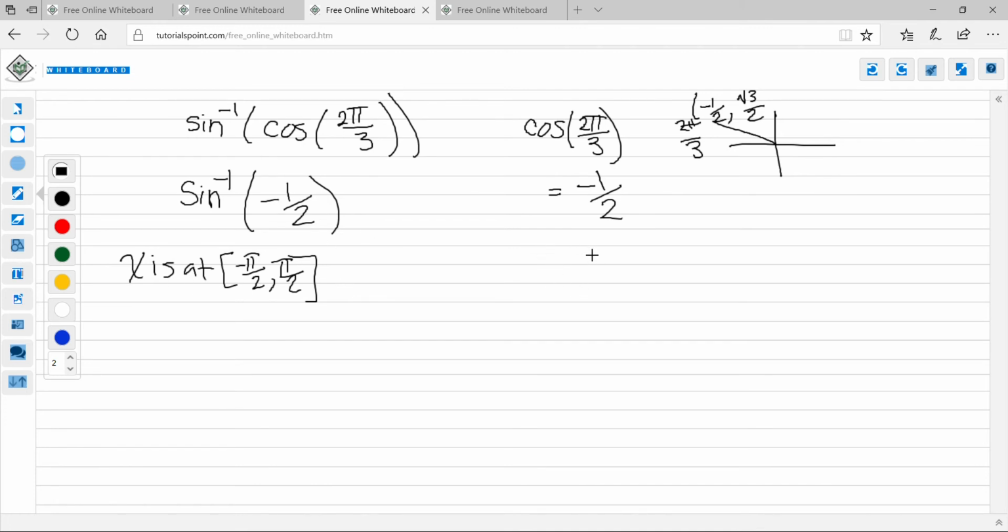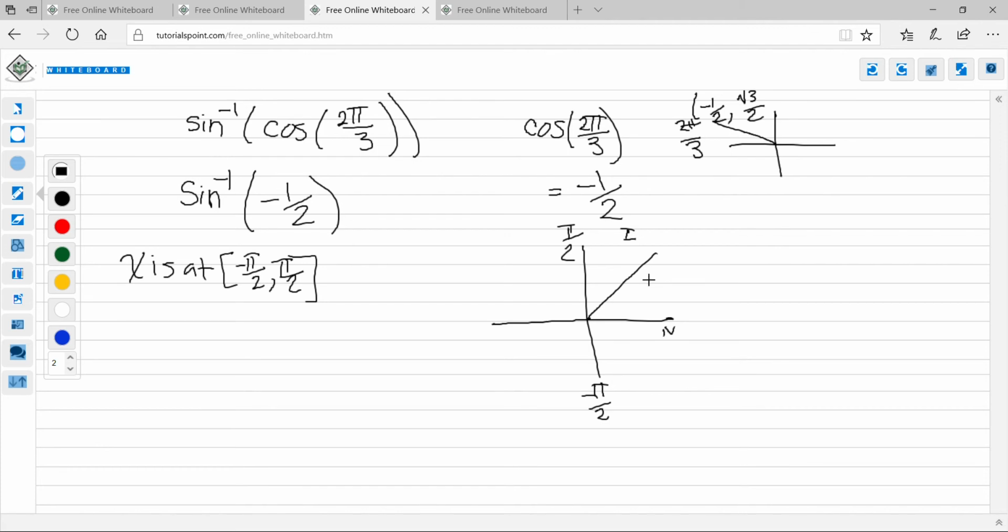So draw the graph. Here's pi halves, negative pi halves. We can only use quadrants 1 and 4. So what angle in radians is going to give you sine of negative 1/2?